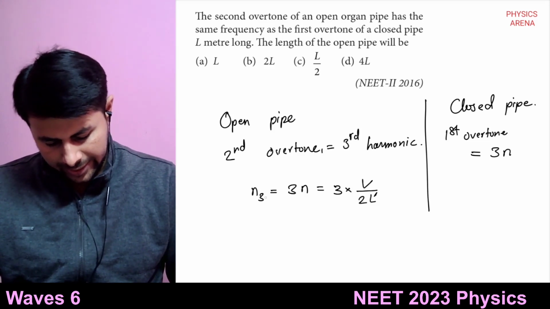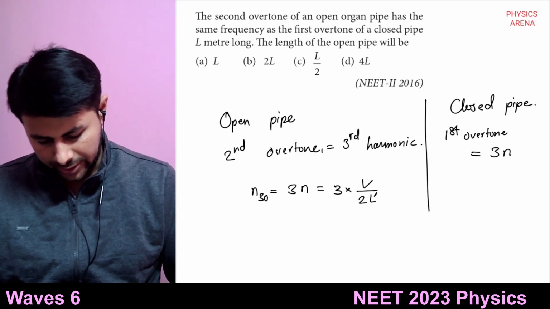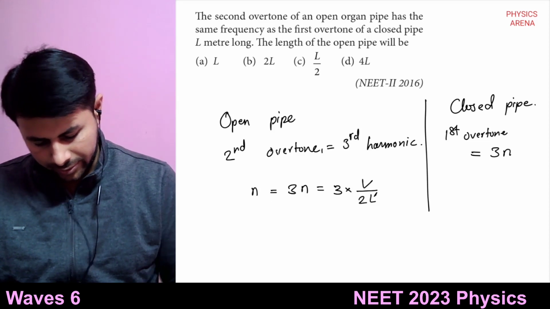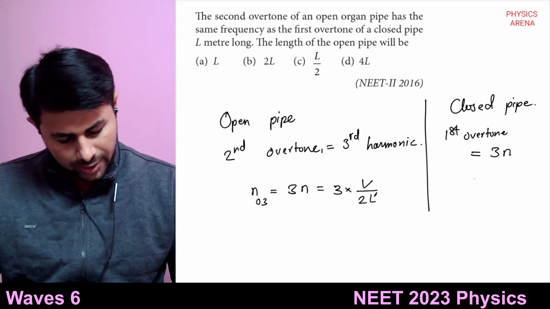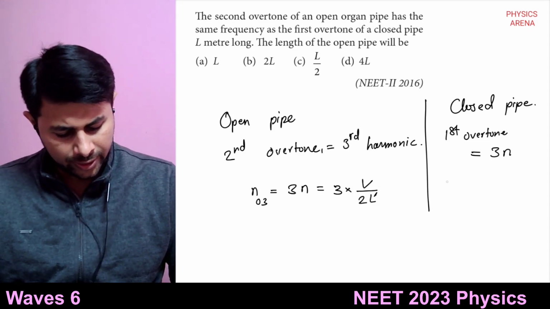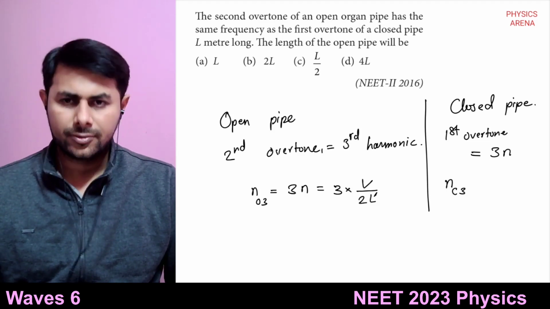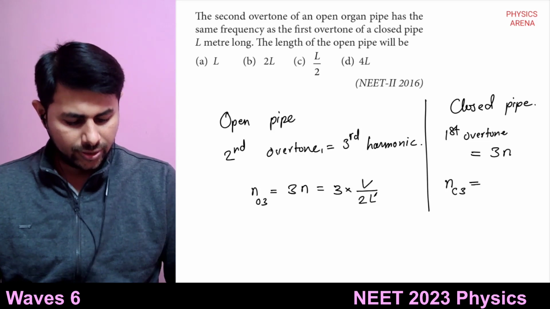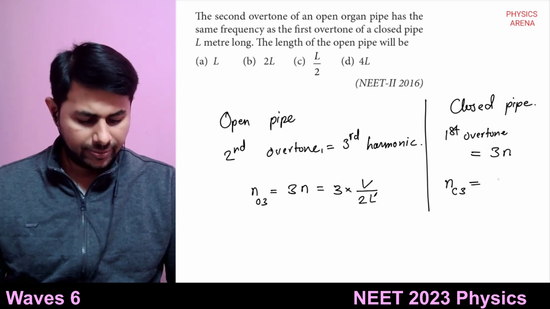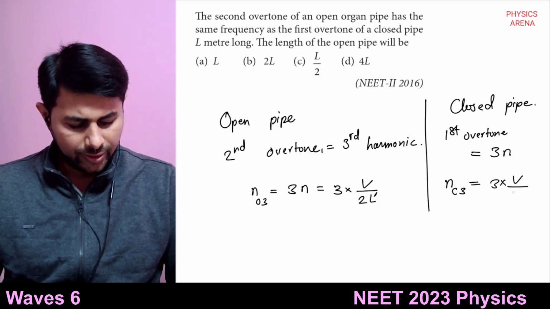So this is NC3, C for closed. How much is that? It is 3 times V upon 4L.